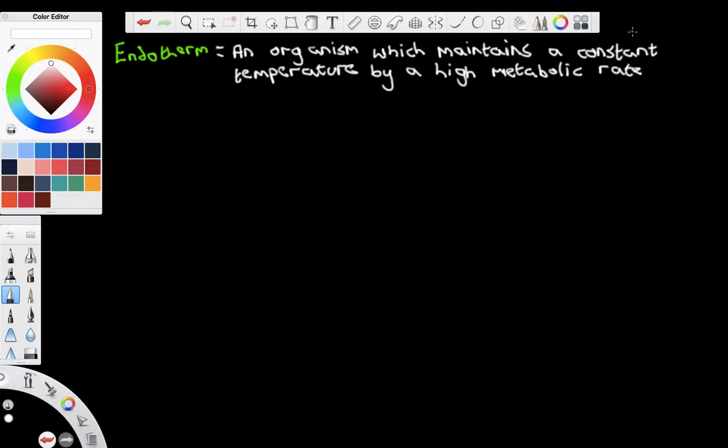So an endotherm is an organism which maintains a constant temperature by a high metabolic rate.